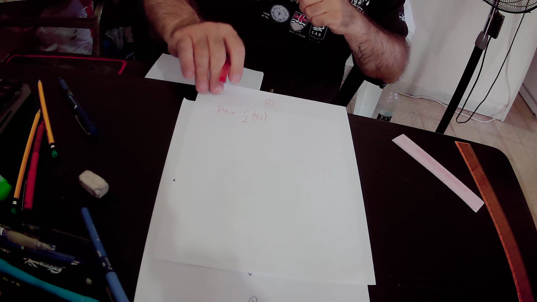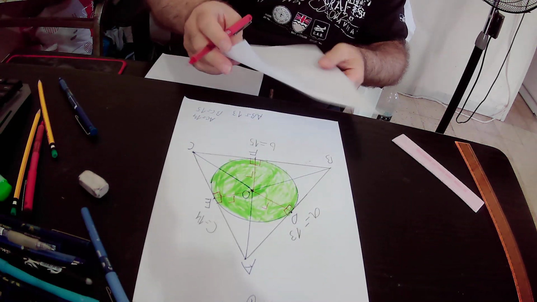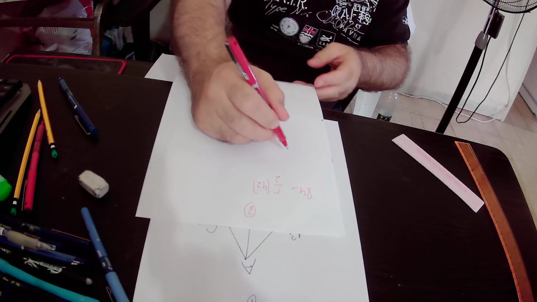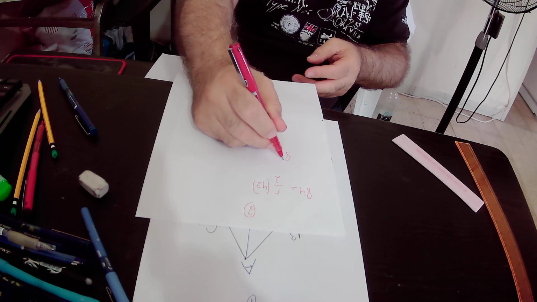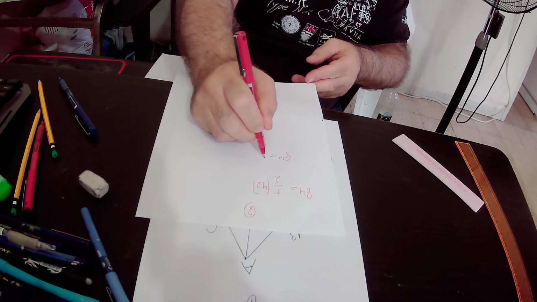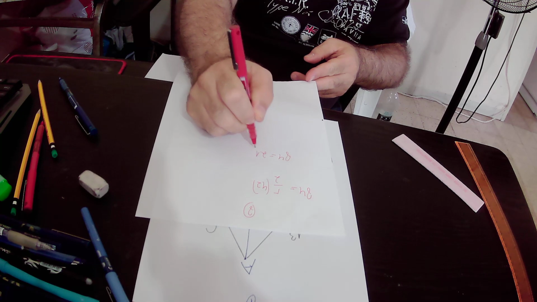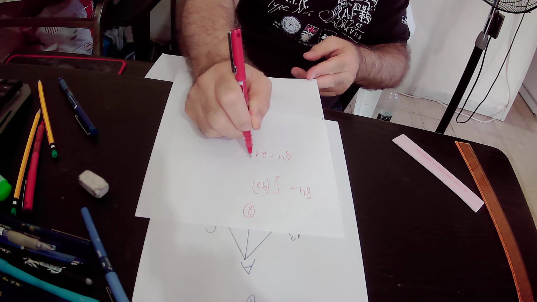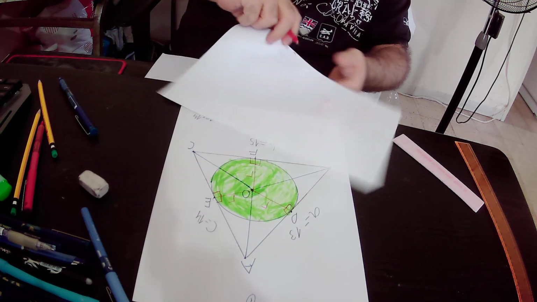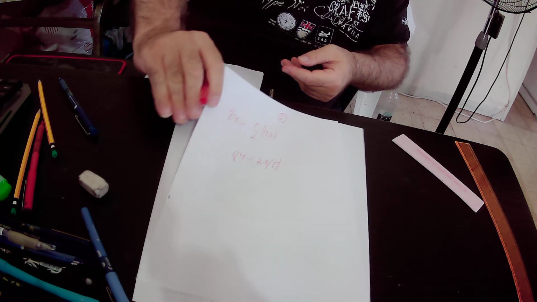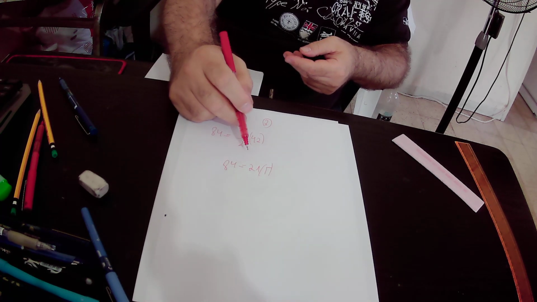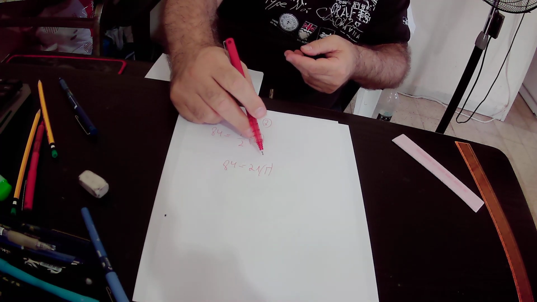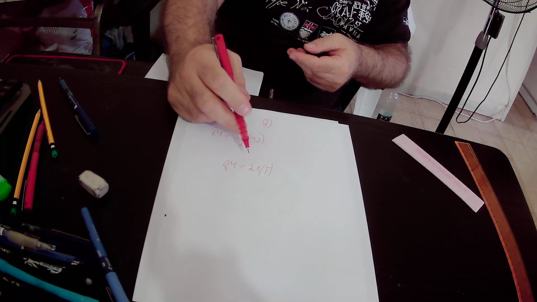So I write it down. In total we will get that 84 equals 21 times the radius of the green circle. So we got this equality that states that 84 equals 21 times the radius of the green circle.